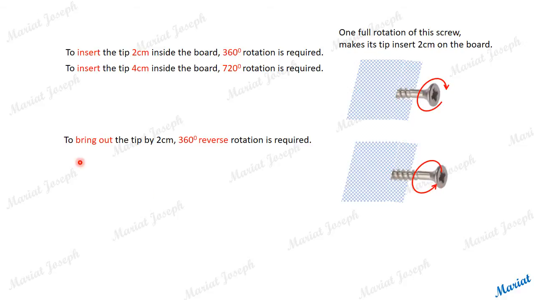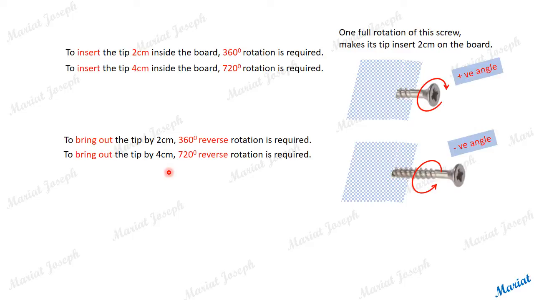That means to bring out the tip by 2 cm, 360 degrees reverse rotation is required. Also, if you are interested to pull it further, 720 degrees reverse rotation is required for 4 cm to pull out.